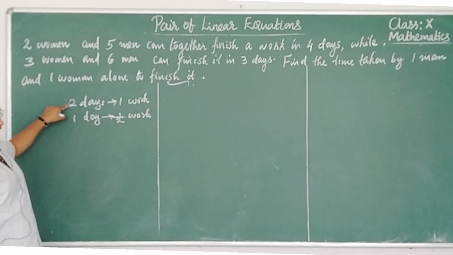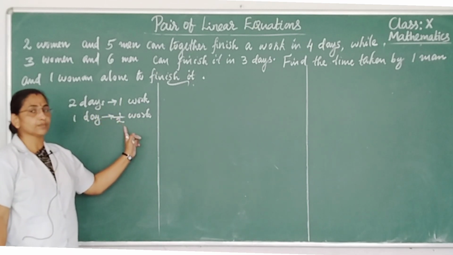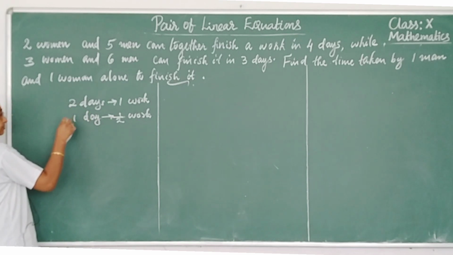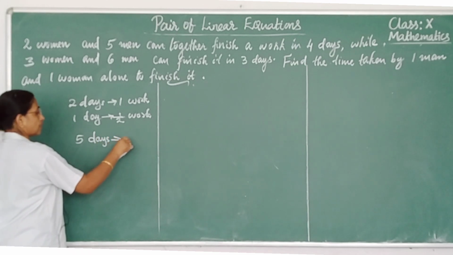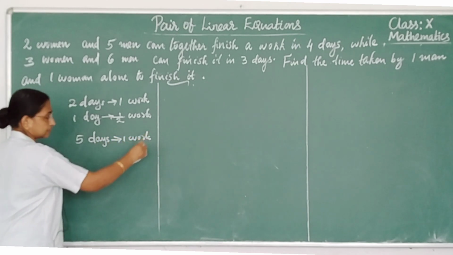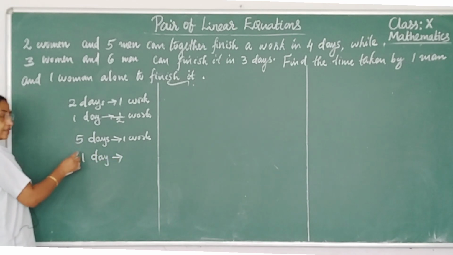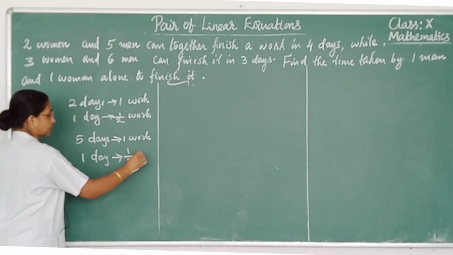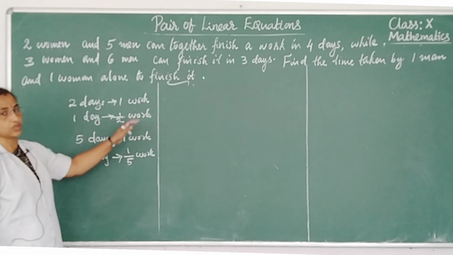This 2 when divided by 2 you get a 1. The same 1 when divided by 2 you get 1 by 2. Suppose that 5 days you want to complete one work. So, in 1 day, how do you get 1? 5 divided by 5 is 1. In 1 day, you can do 1 by 5 part of the work. This concept we are going to apply in this question.